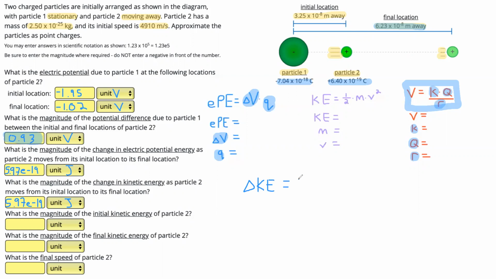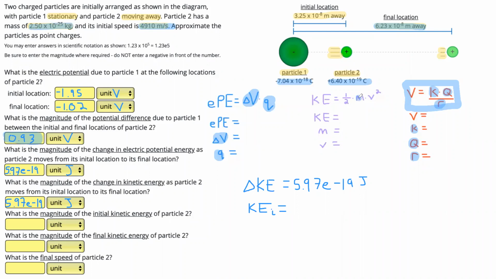So we found our change in kinetic energy, which was 5.97 times 10 to the negative 19 joules. But in this question, we have initial kinetic energy and final, and the change between them is given by that much that we've just found. So first, let's figure out our initial kinetic energy. We can figure this out because we know the initial speed and we know the mass of the particle.